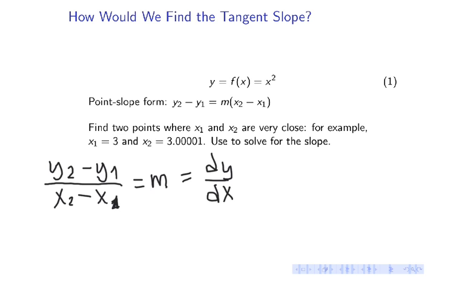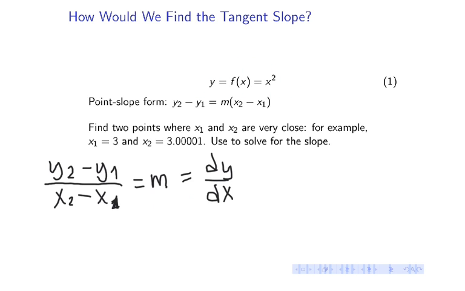In that sense, when you're thinking about dy/dx for a nonlinear function, think about it in terms of the slope of the tangent line, which we draw by those two points that are very, very close to each other in the function. So in this example, I define two points that are quite close. x1 is 3 and x2 is 3.00001. And we want to see what the tangent slope would be for the function above, y equals x squared.